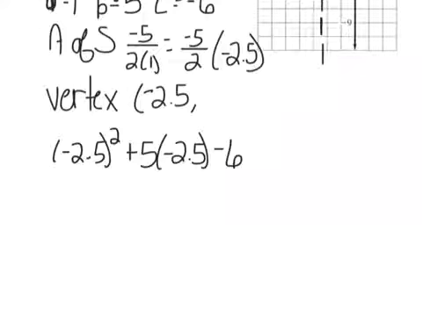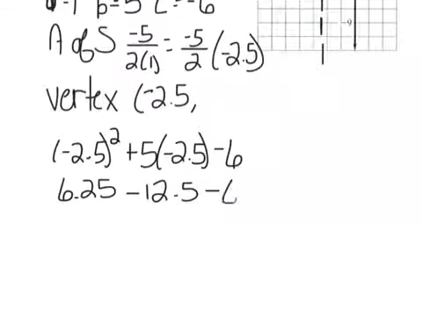Okay? Negative 2.5 squared gives me a positive 6.25. 5 times a negative 2.5 is a negative 12.5, and then minus 6. Okay, so when I combine that overall, I get a negative 12.25. Okay, so my vertex is negative 2.5, negative 12.25.